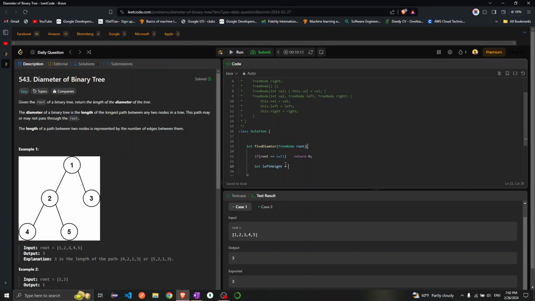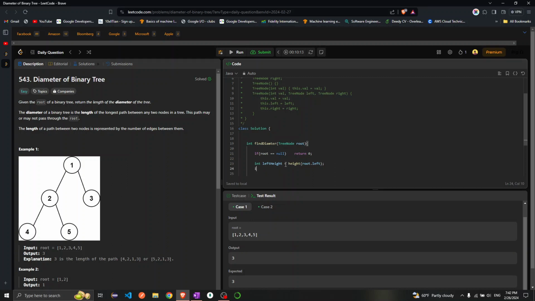Left height equals get the height from the left subtree and get the right height of the right subtree. And we'll just return left height plus right height.